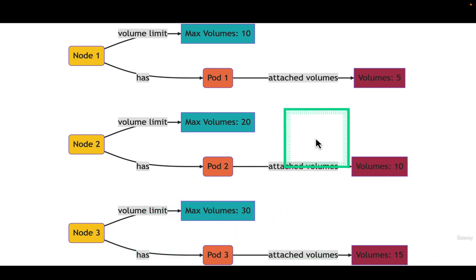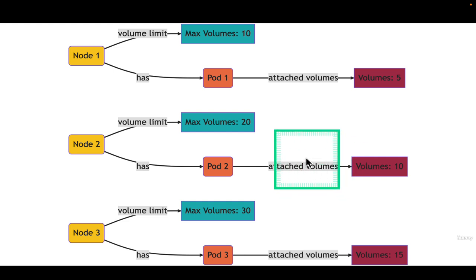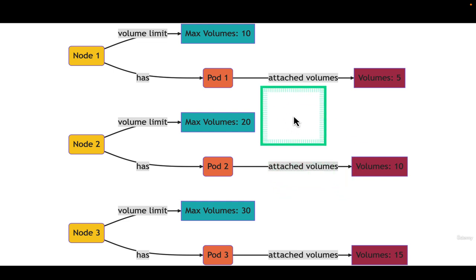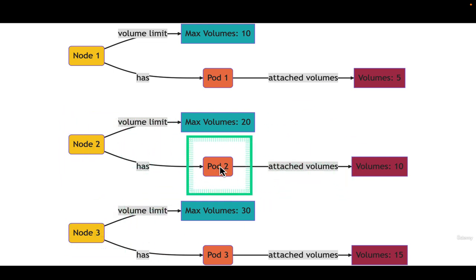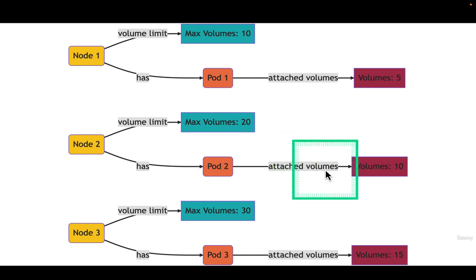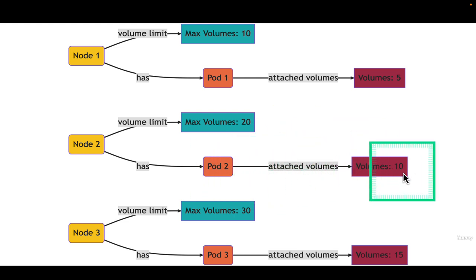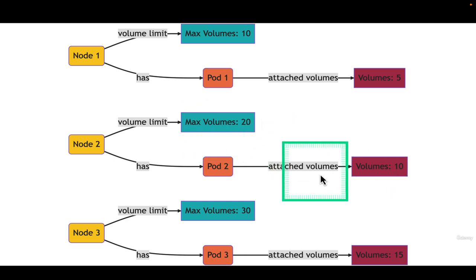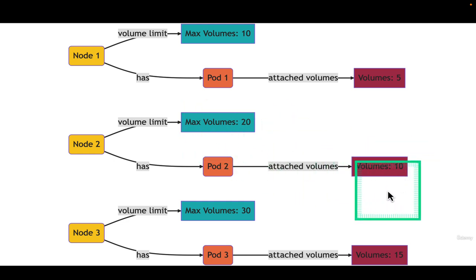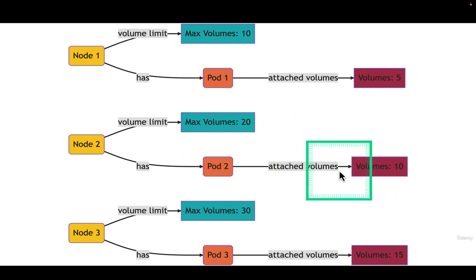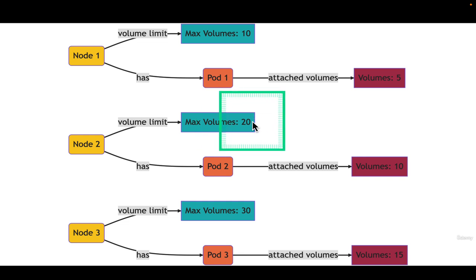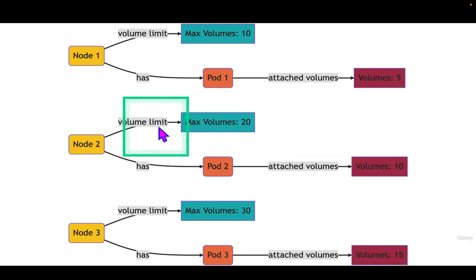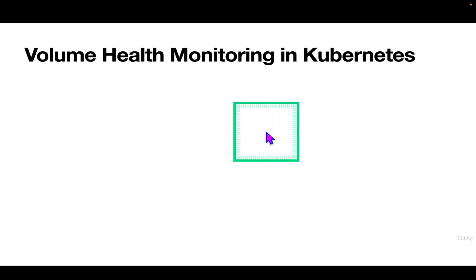This is called volume limits and they are node specific. A node can have pod 1, pod 3, multiple pods, but the sum of all pods together, for example 10, cannot reach 20; it could be 10, or 5 and 5 like this. So it cannot cross the max volume for the node. The volume limit is the max ceiling.